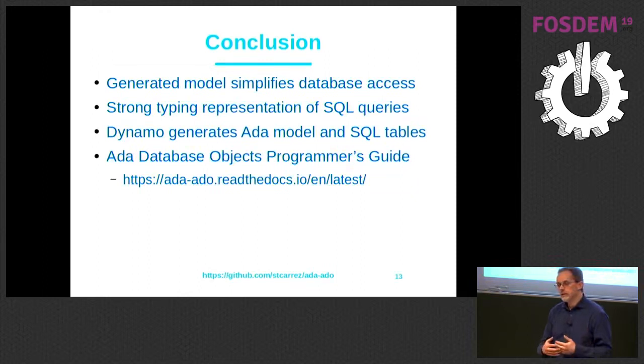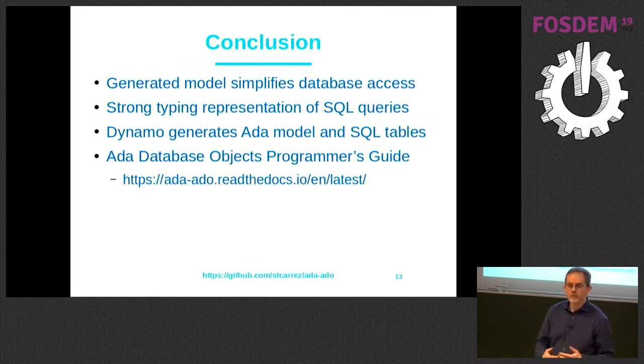When the database model is changed, you have to regenerate the ADA code, and in fact, it's for free. What I do is, in the UML model, you just update the UML model by adding columns, adding rows, and so on. And when you do this, you forget about the ADA code because you just regenerate and rebuild.